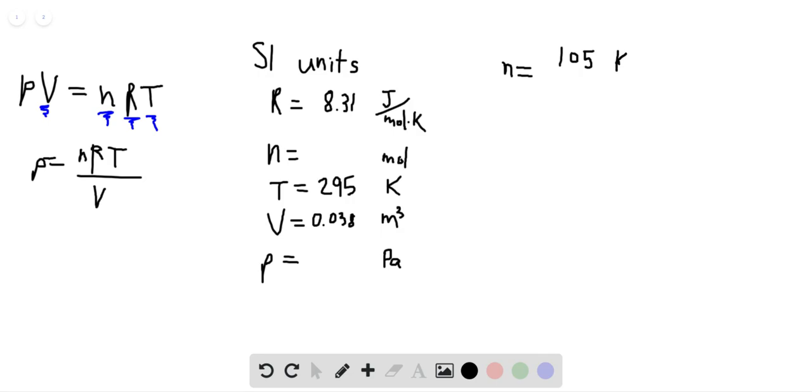So the weight here is 105 kilogram that we can divide by, for argon, this is 39.95 grams per mole. So we will run into another unit issue here.